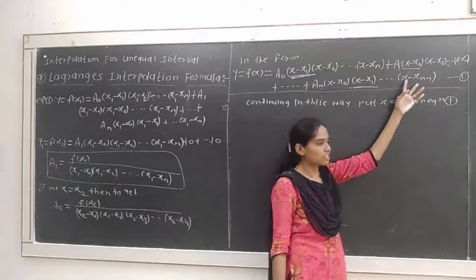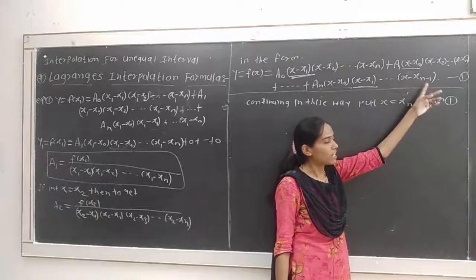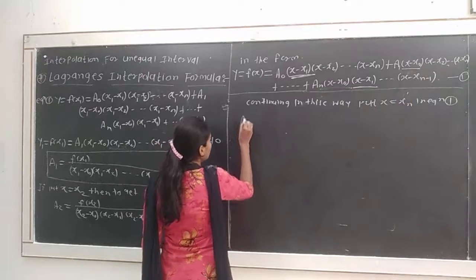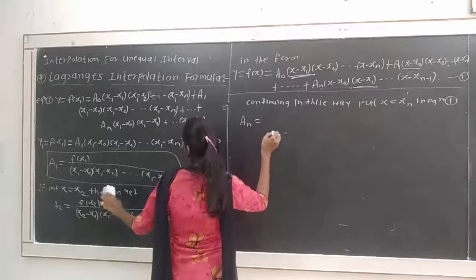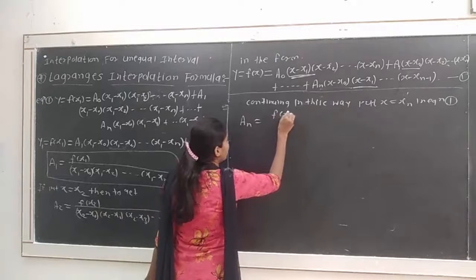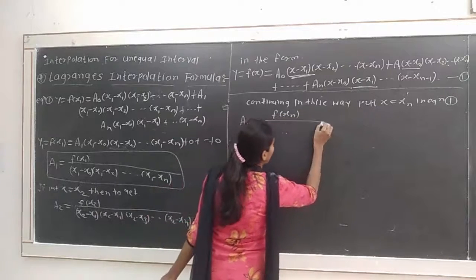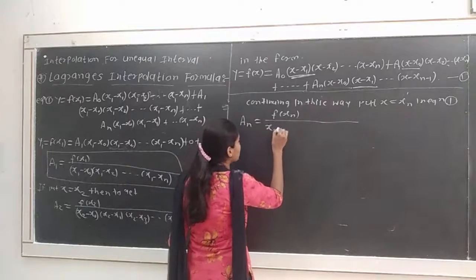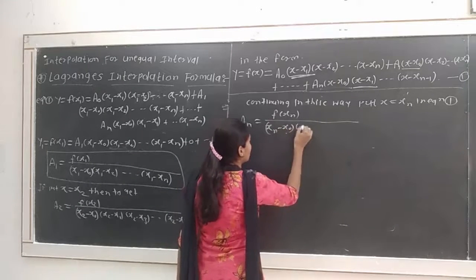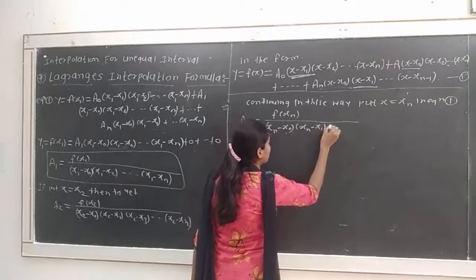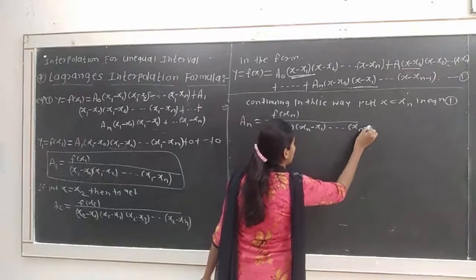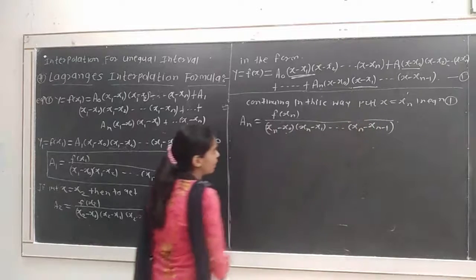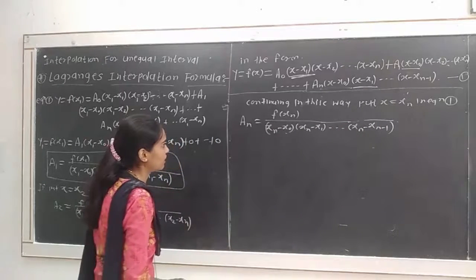Here we consider the factors up to x minus xn minus 1. So we get an is equal to f of xn divided by xn minus x0, xn minus x1, up to xn minus xn minus 1. So we get this value of an.